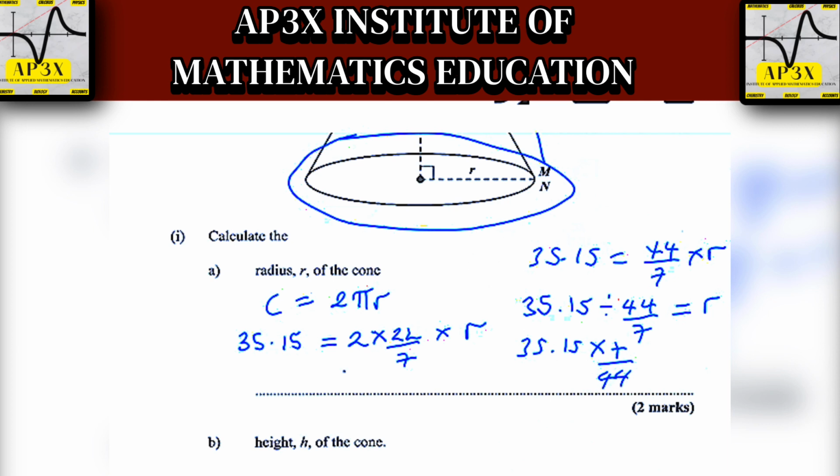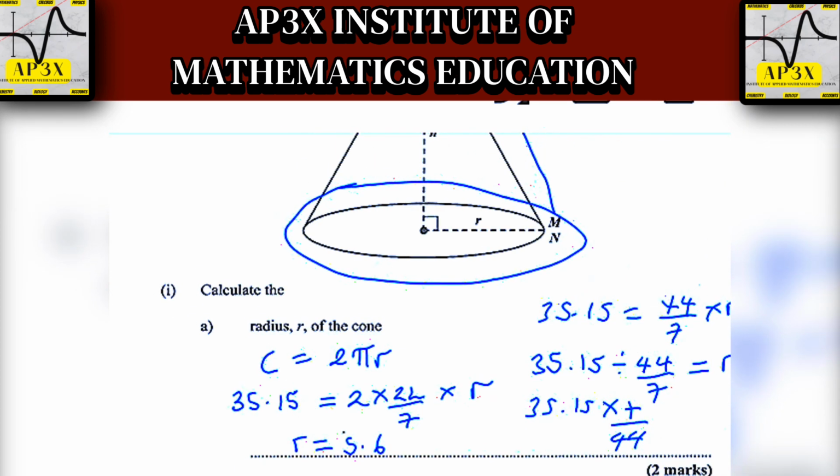Okay, that's what happens when we're dividing a fraction. So let's go. 35.15, we're going to multiply that by 7, and then divide that by 44. So the radius works out to be 5.59, which approximately works out to be equal to 5.6 centimeter.